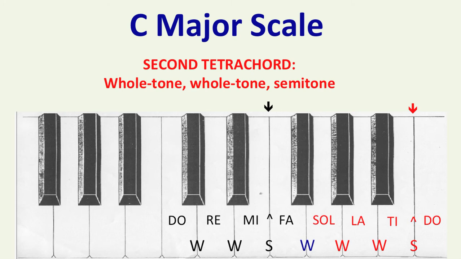Continuing through the tones of the major scale, from the 4th degree to the 5th, fa to sol, is 1 whole tone. Then begins a second group of 4 tones, another tetrachord, following the same pattern of intervals as the first one. From the 5th degree to the 6th, sol to la is 1 whole tone. From the 6th to the 7th, la to ti is another whole tone.